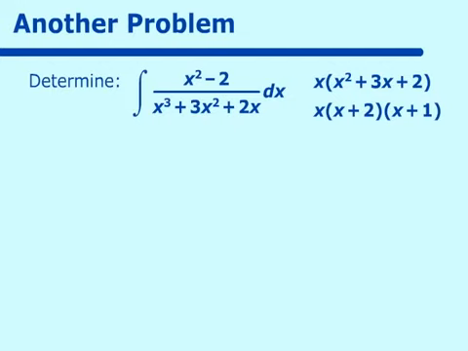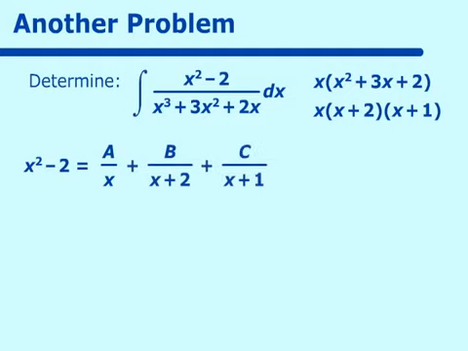So now we will have x squared minus 2 is equal to a over x plus b over (x plus 2) plus c over (x plus 1). Let's clean this up a little bit.